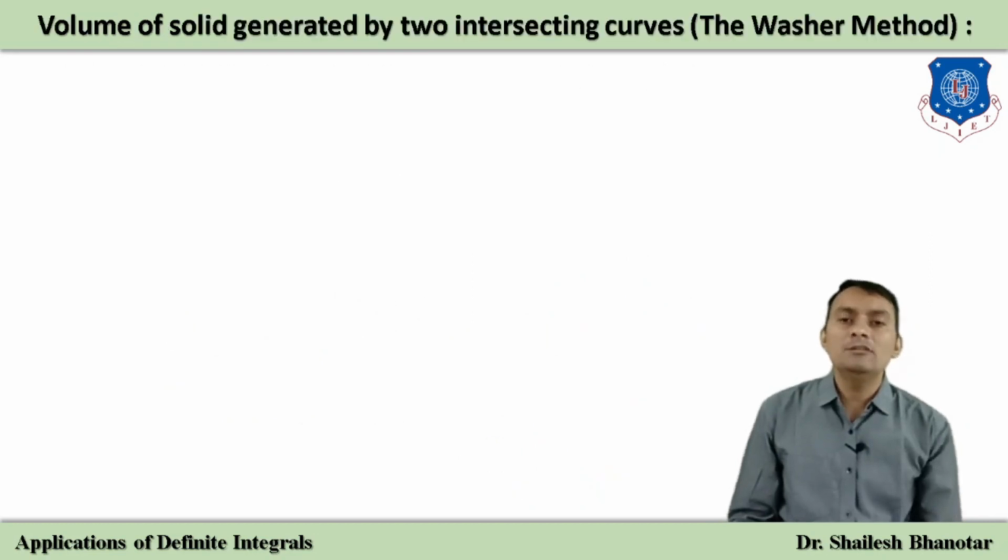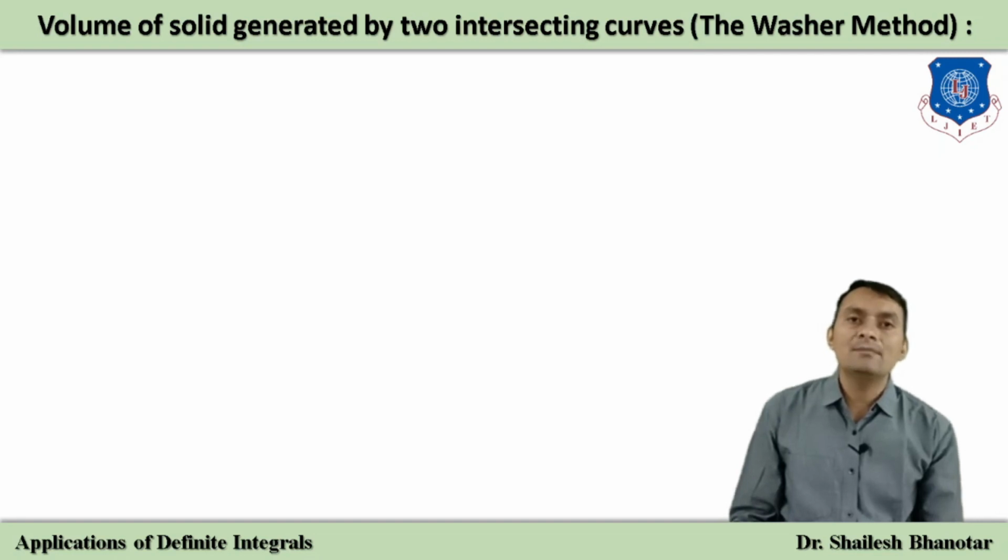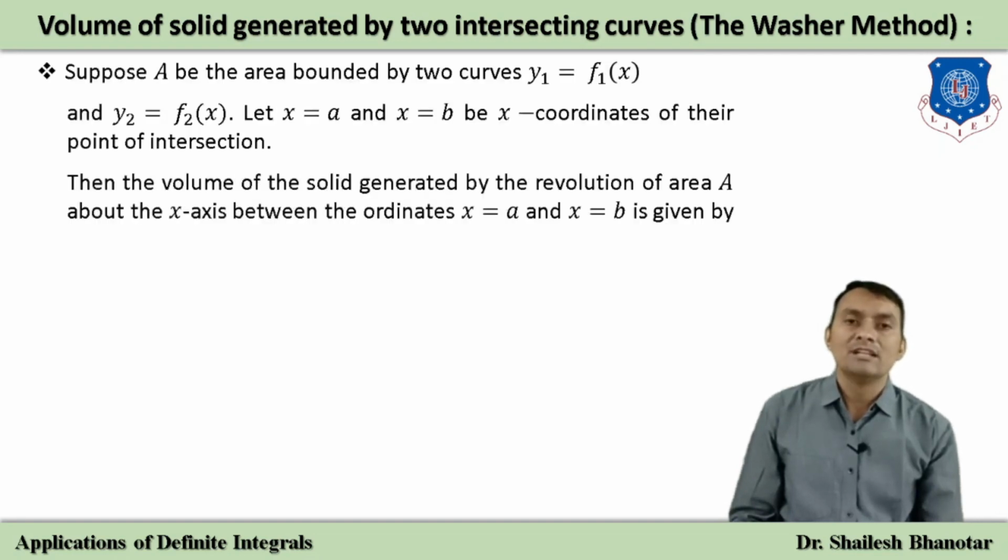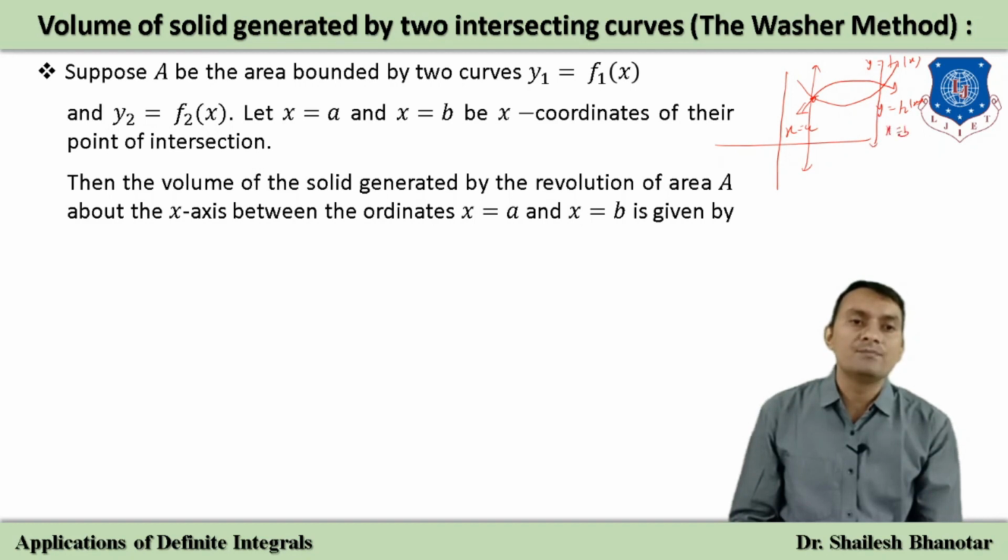Now we have the volume of the solid generated by two intersecting curves, and that method is known as the washer method. Suppose you are given two curves: this is the curve y equals f1(x), and this is the curve y equals f2(x), with intersection points at x equals a and x equals b.